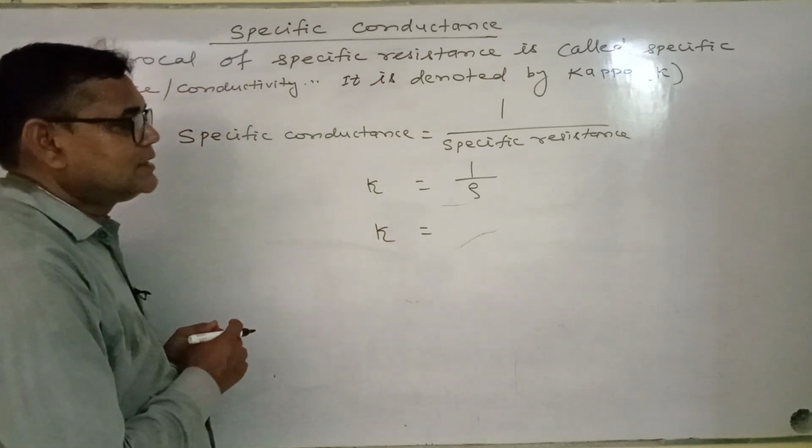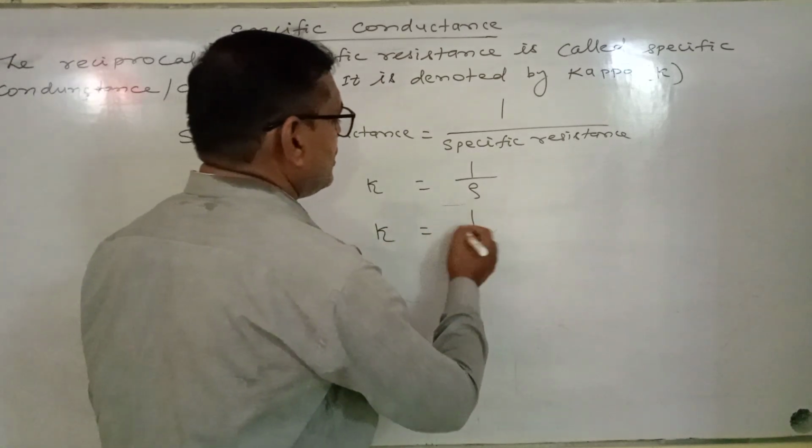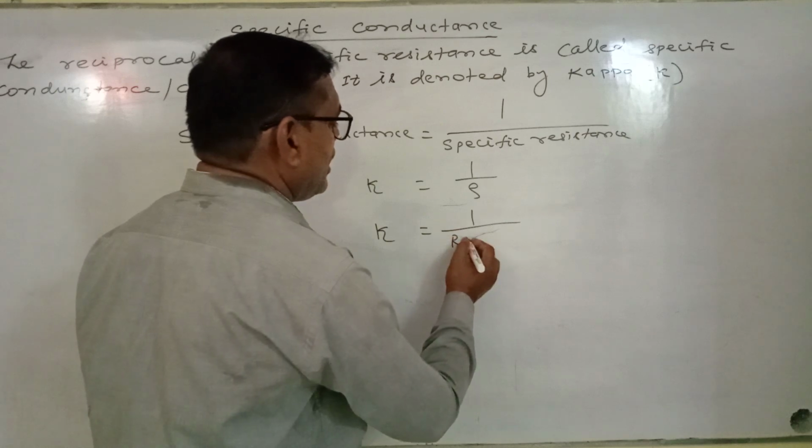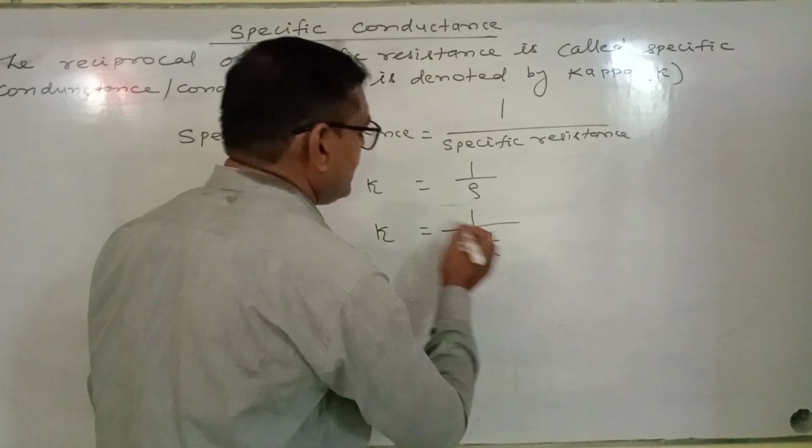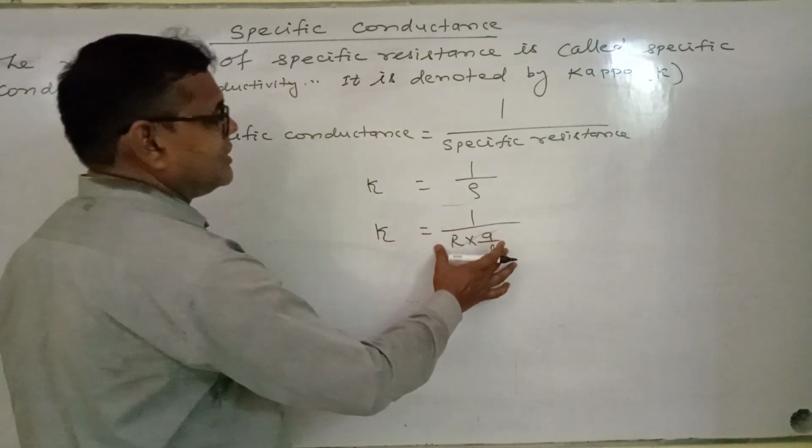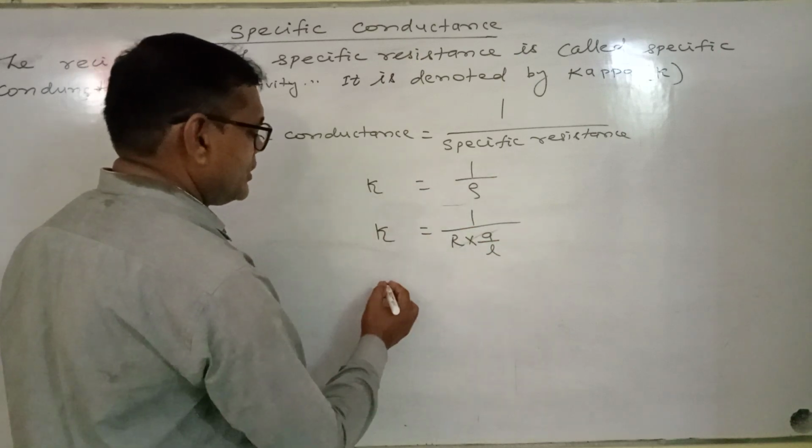Now we write 1 upon R into A upon L. It is the value of rho.